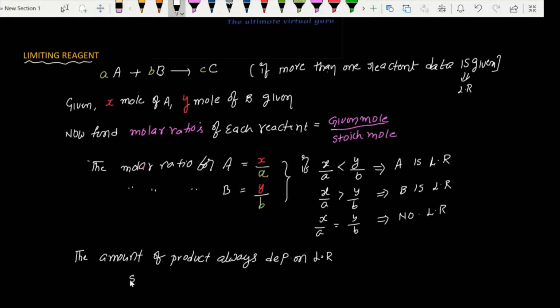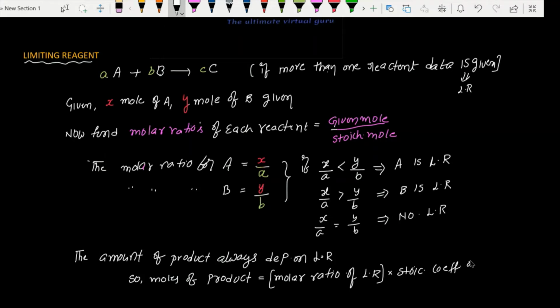So the moles of product we can find in this way: the molar ratio of the limiting reagent, whichever reactant is the limiting reagent, times the stoichiometric coefficient of the product.